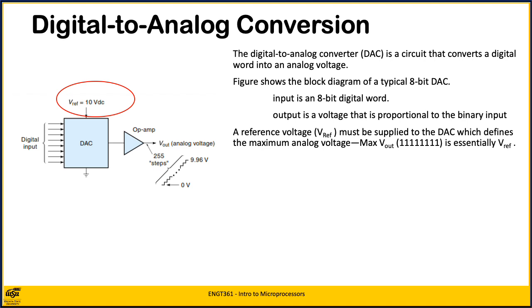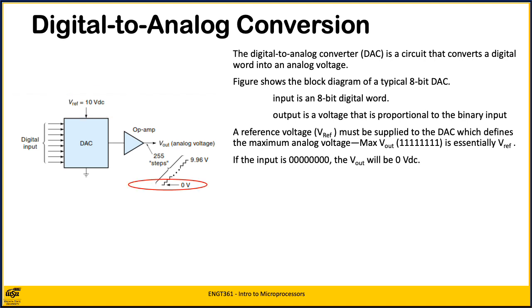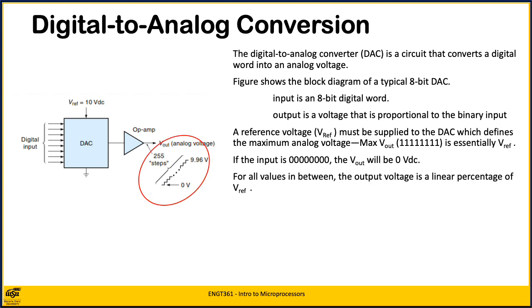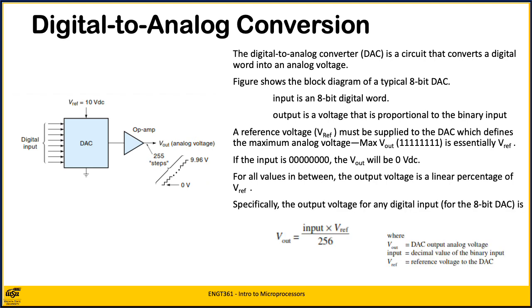That is, for a digital input of 11111111, Vout is essentially Vref. If the input is 0, the voltage out, Vout, will be 0 volts DC. For all values in between, the output voltage is a linear percentage of Vref.